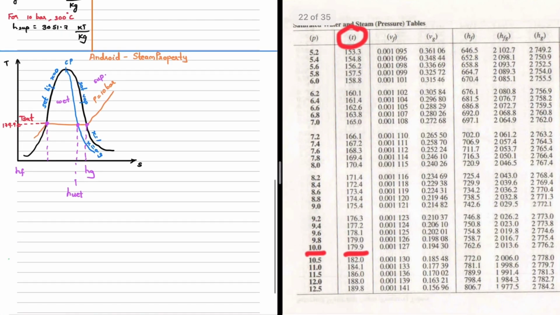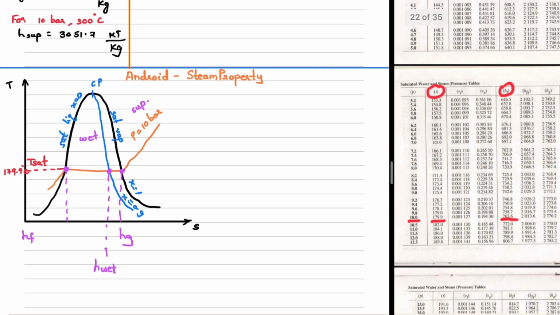Then the next value is Hf. Hf is 762.6 kilojoule per kg.